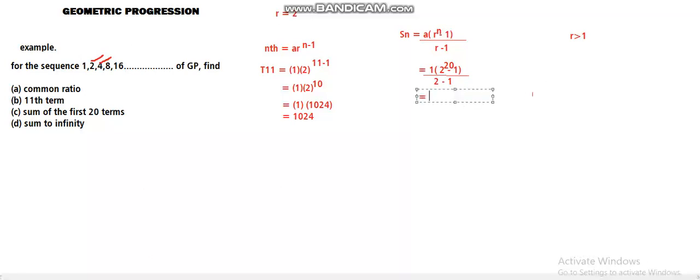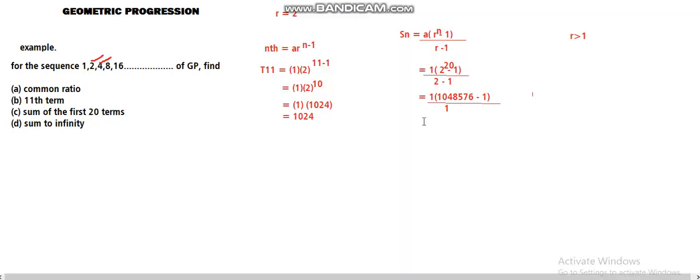This will be 1 open bracket, now 2 to the power 20. So I calculated 2 to the power 20. When I punch 2 to the power 20, I got this number here, I'm sure you can see, about 1,048,576. Then minus 1.